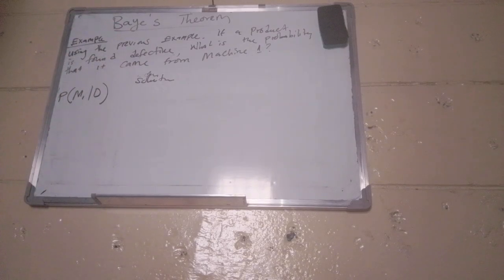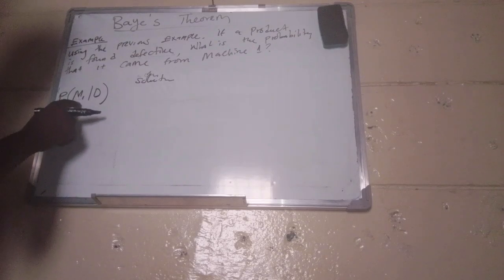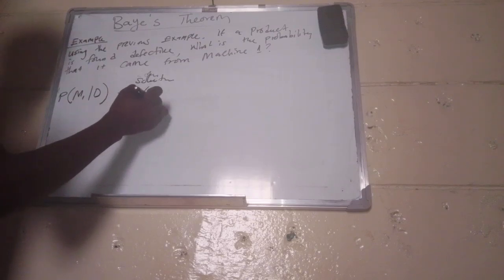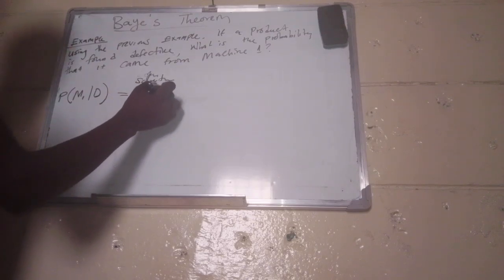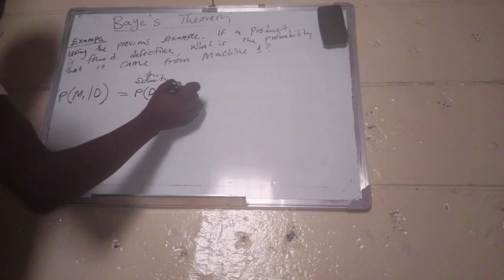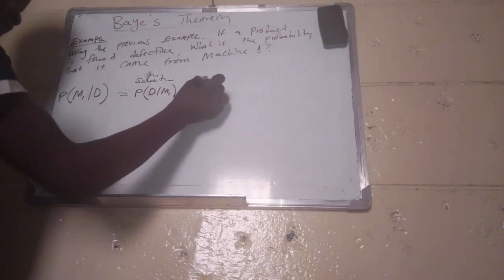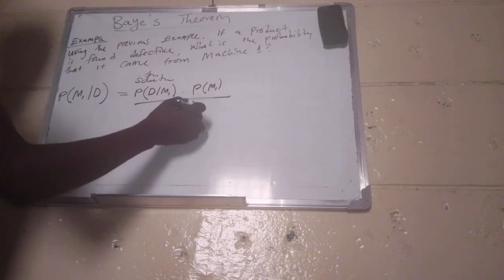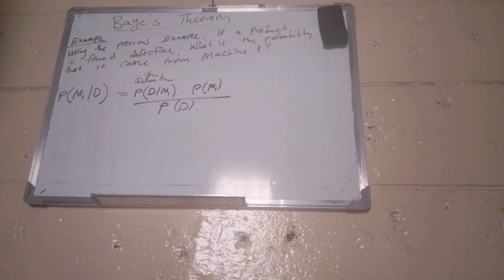But if you look at the data from the previous example, we have defective given that it is M1 or M2. So what does the Bayes theorem say? M1 given D means the probability of D given M1 multiplied by the probability of M1 over the probability of D. That's according to the Bayes theorem.